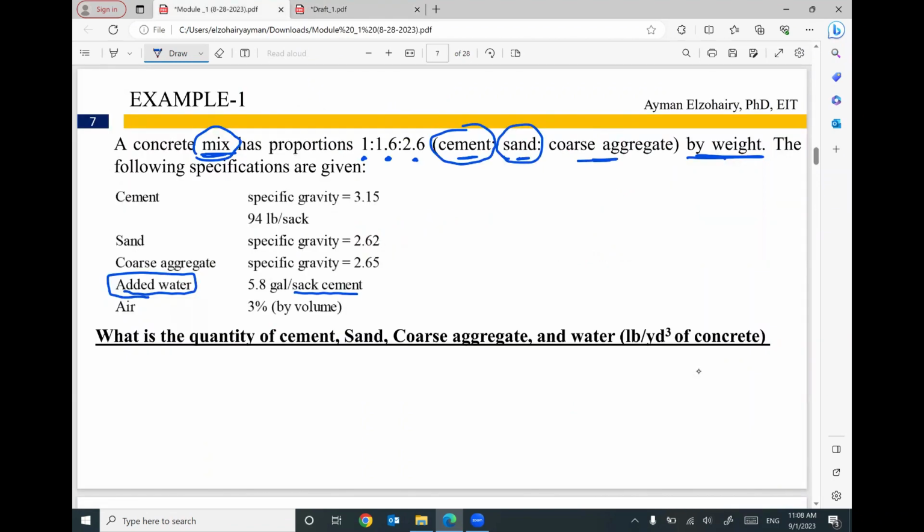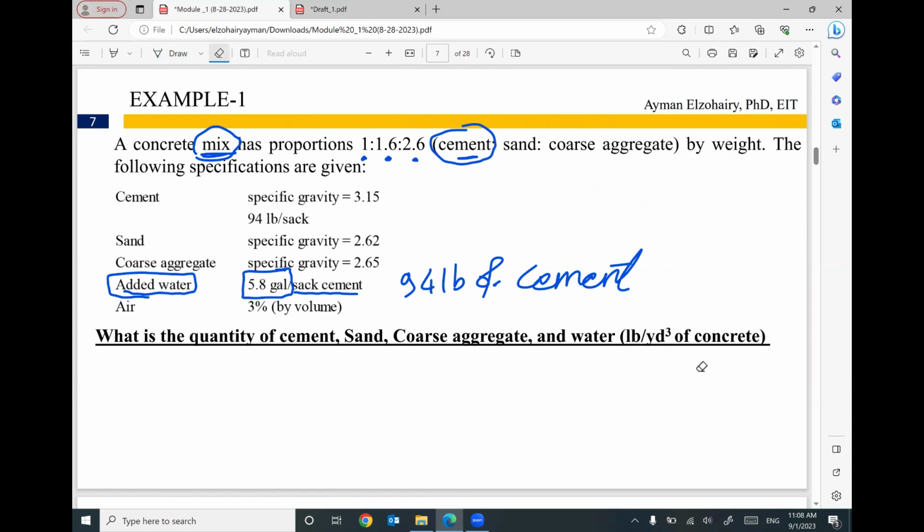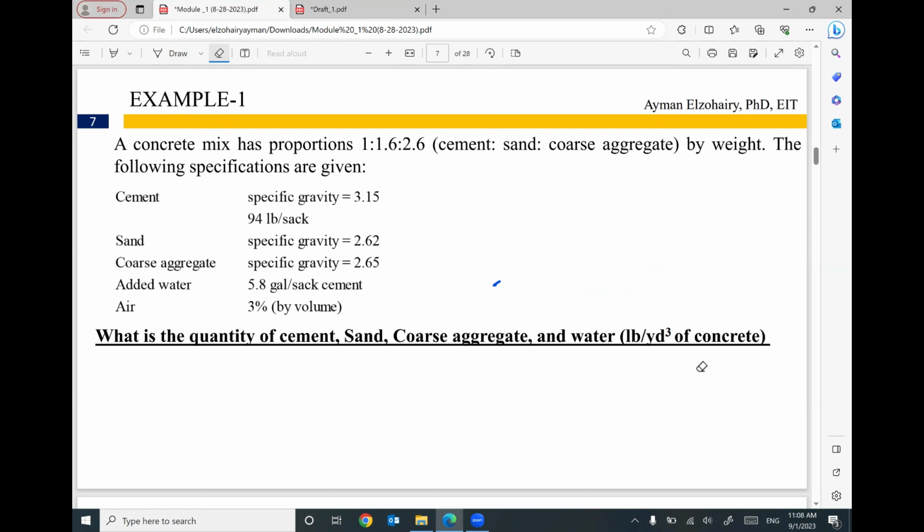That means for every 94 pound of cement, which is one sack, we will add 5.8 gallon of water. That makes sense. I'm trying to help you how to read your problem, because this issue will face you many times when you are working as an engineer and you are dealing with concrete.